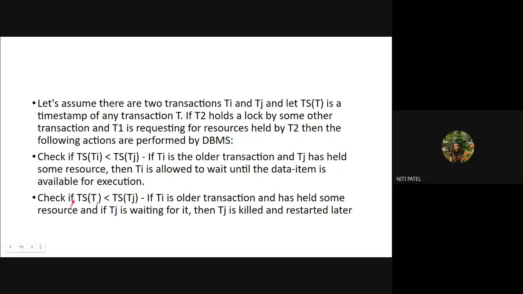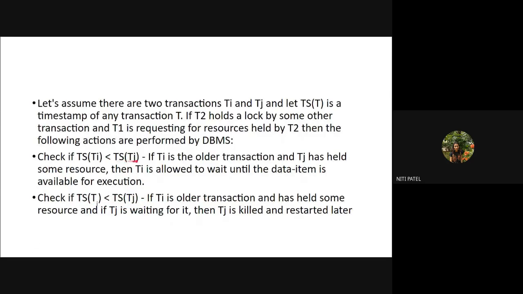Okay. Next, if the timestamp of Ti is less than Tj, if Ti is the older transaction and has requested a resource held by Tj, then Tj is killed. Now in this case, what is happening? इधर क्या हो रहा था?